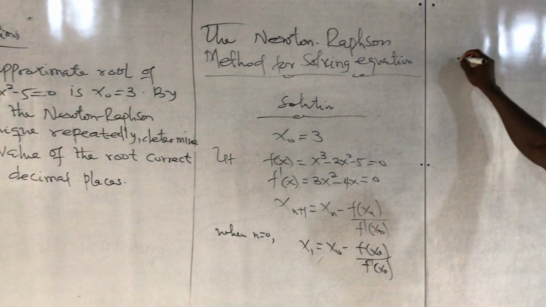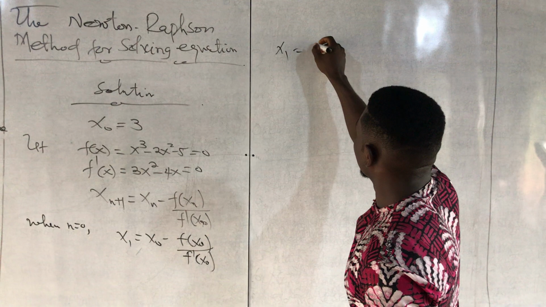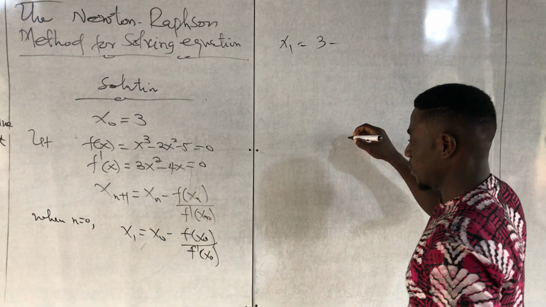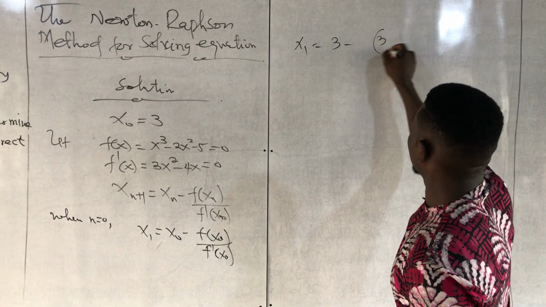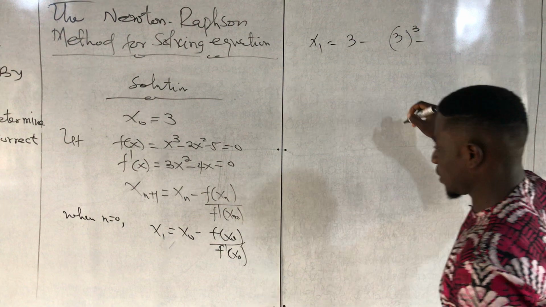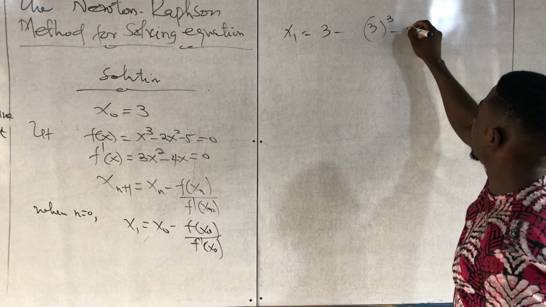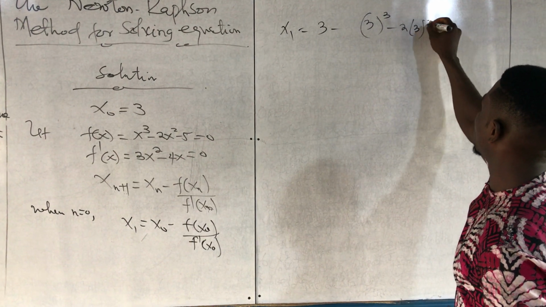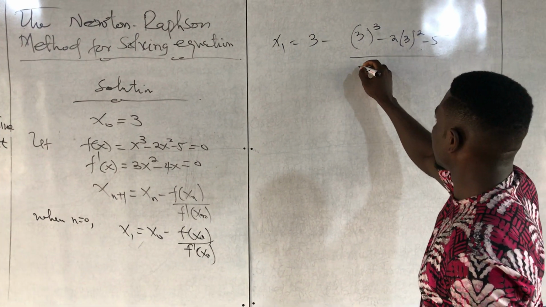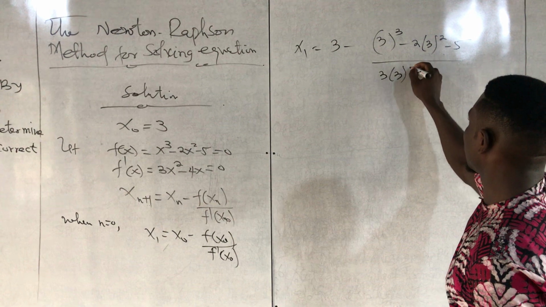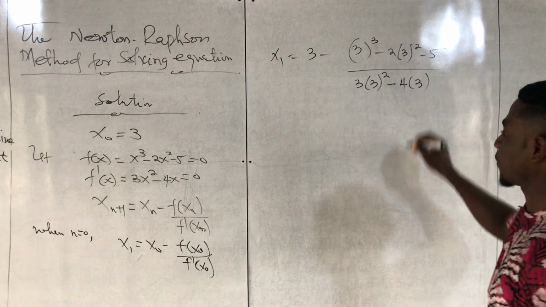So we have x1 equal to 3 minus, 3 cubed minus 2 times 3 squared minus 5, all over 3 times 3 squared minus 4 times 3.